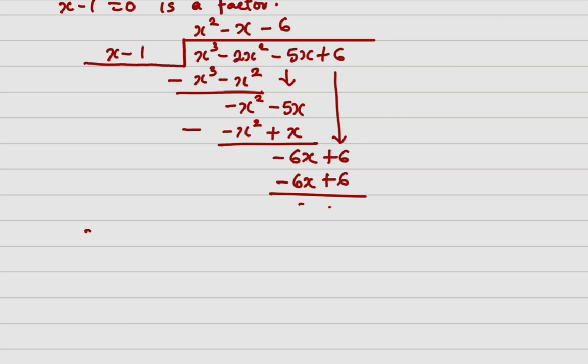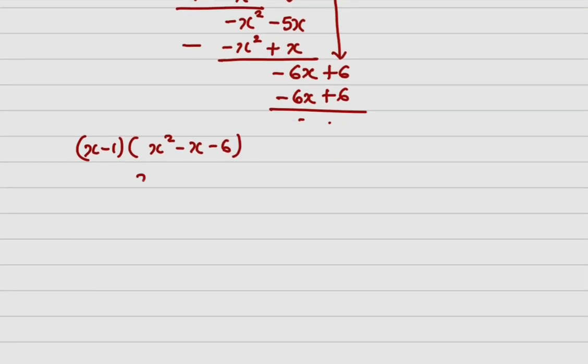Now the factors are x minus 1 and x squared minus x minus 6. But recall that x squared minus x minus 6 can be factorized, so that we are going to have x minus 3 and x plus 2.